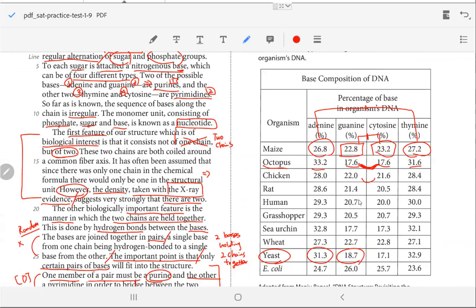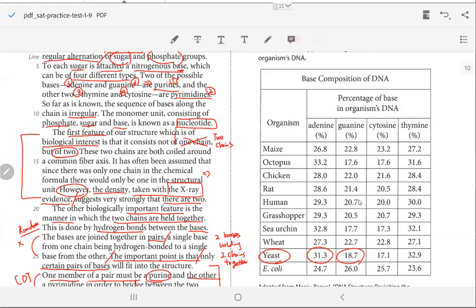These two very close, very close. Yep. So adenine and thymine are relatively closest with each other, while guanine and cytosine are closest to each other as well.